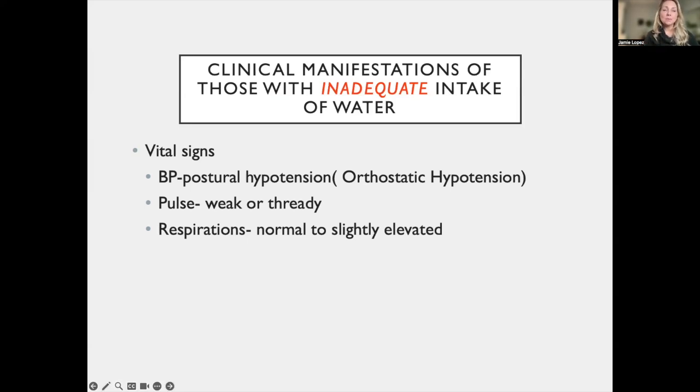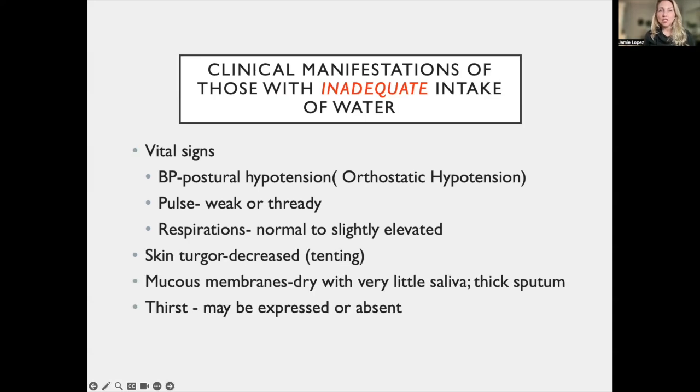And then respirations will be normal or slightly elevated. If your patient is dehydrated and their heart rate is up, which means their heart is having to pump harder to get that decreased fluid volume circulating throughout the body, naturally the respiratory rate is going to go up too, because it needs to support the heart working harder.